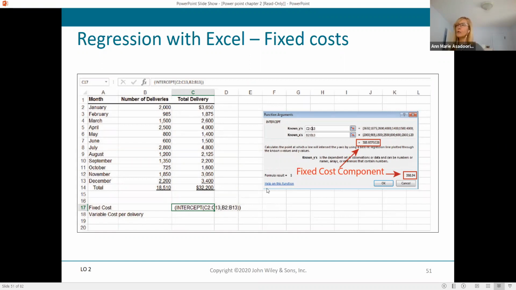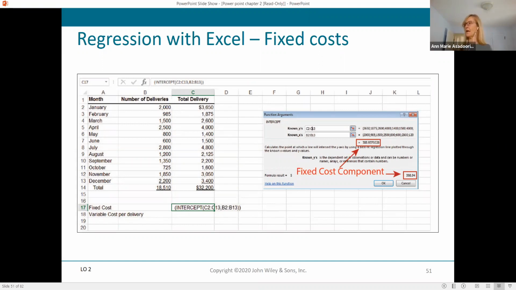Right, so as I said, high-low is what you're going to be responsible for knowing how to do, right? If you're going to be asked on your exam to break a mixed cost up, it's going to be using high-low, not because it's the most accurate way of doing it. It's just that with a scatter graph you'd all be visually fitting a different line, and you wouldn't have the same answers, right?